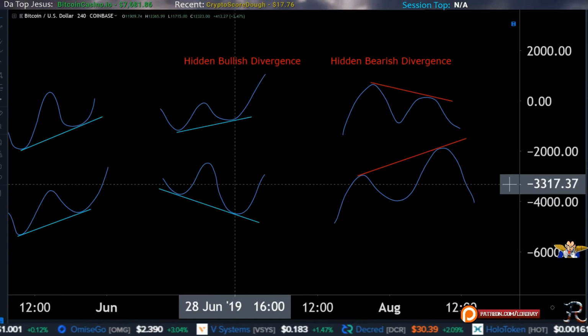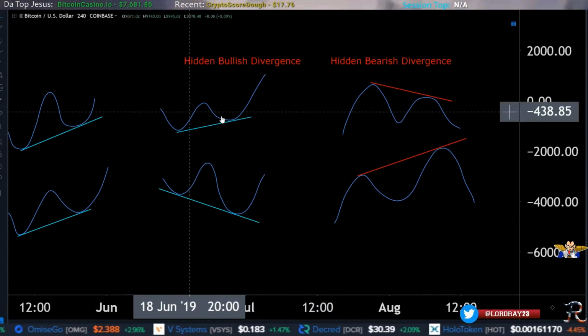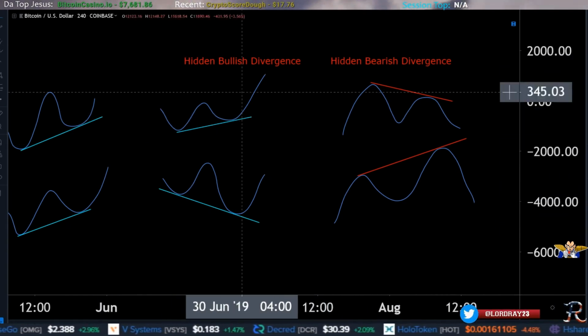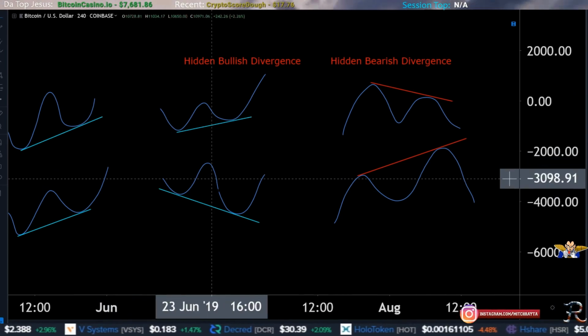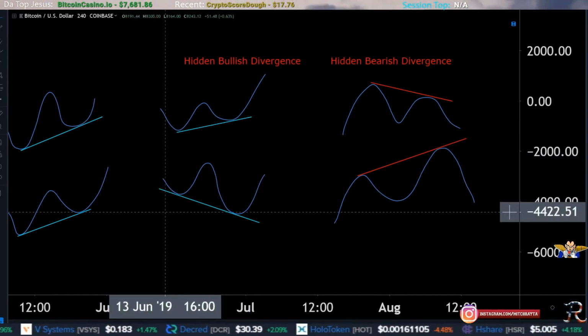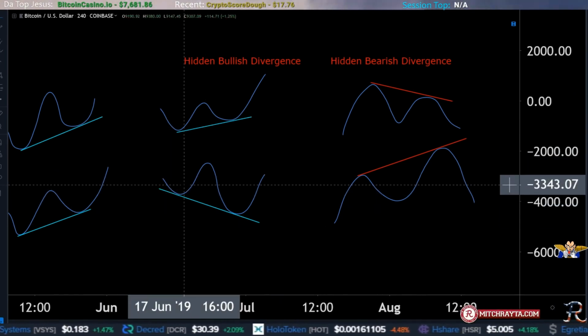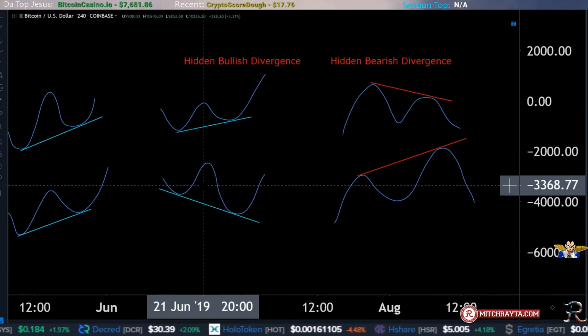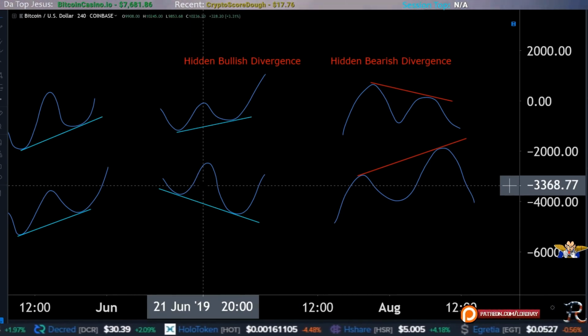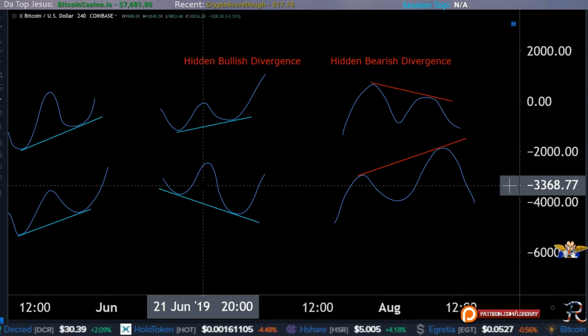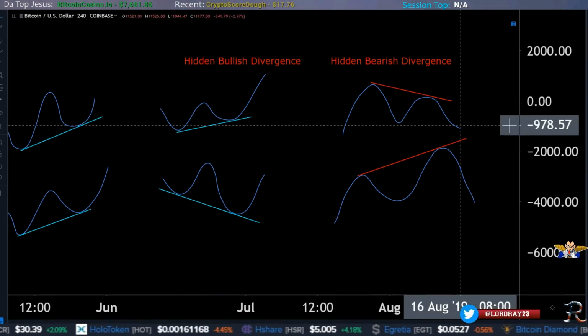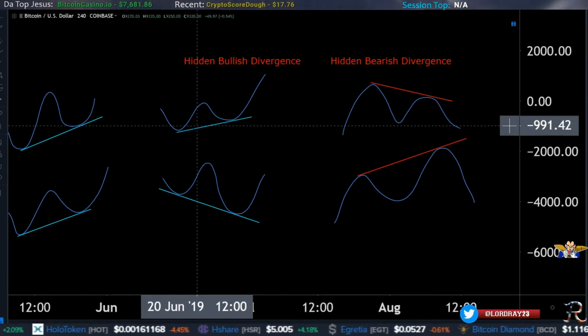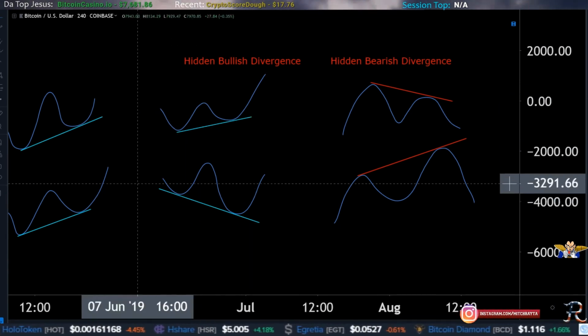Okay, so here's your hidden bullish divergence, where you make a low on price, a higher low on price, and then your oscillator, or your momentum, or relative strength, or stochastic. There are multiple oscillators out there besides the RSI and the MACD that also show divergence. The main thing to take from this is the higher low on price but the lower low on the oscillator.